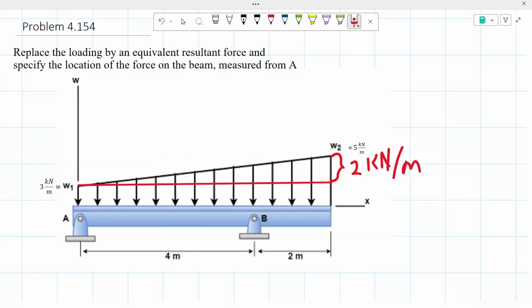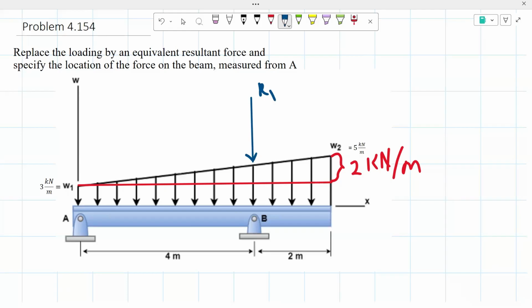And since this problem is asking us to find the location of that resultant force from point A, we're going to be determining the location of all the forces based on point A. So that means it's going to be 2/3 in. 2/3 of 6 meters is 4 meters, so it's going to be right here. That's our location of R1.